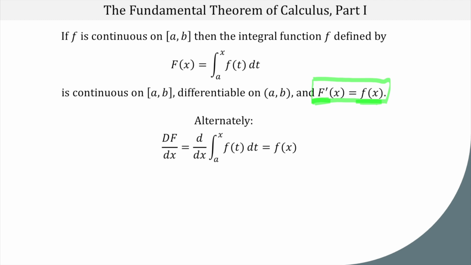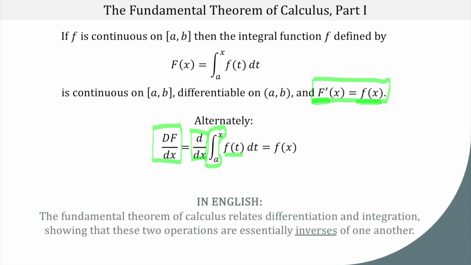Or you could write it this way. The derivative of big F of x equals the derivative of the integral of f of t. In English, the fundamental theorem of calculus relates differentiation and integration, showing that these two operations are essentially inverses of one another.